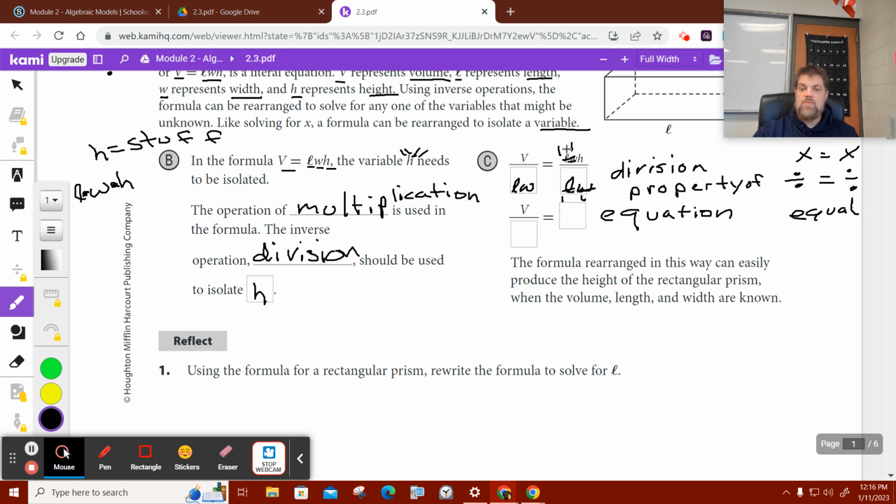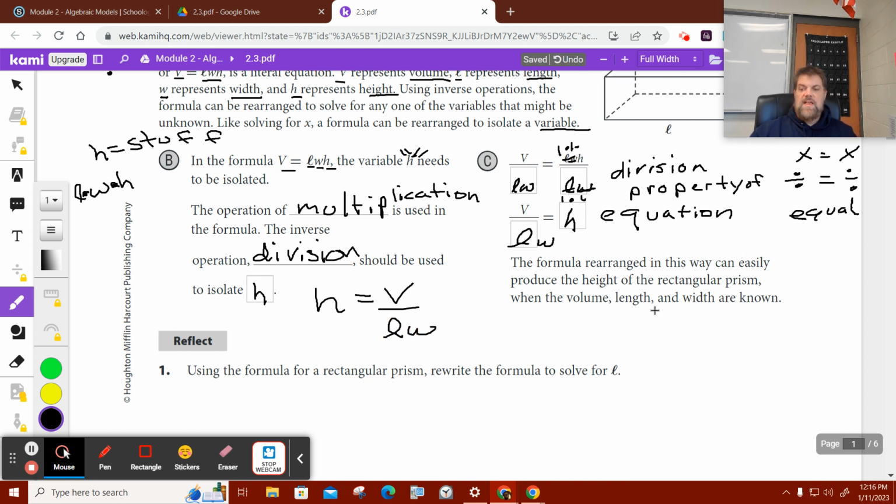What's 1 times 1 times H? H. What's H over 1? Because we've got 1's on the bottom, just H. And then we're left with V over LW. So in other words, H equals the volume V divided by the length times the width.